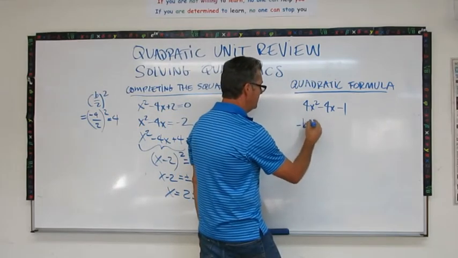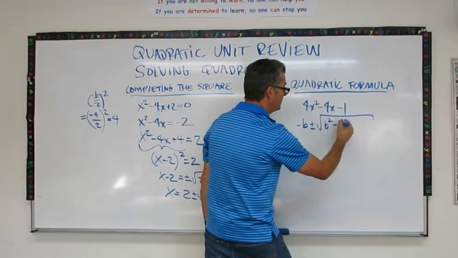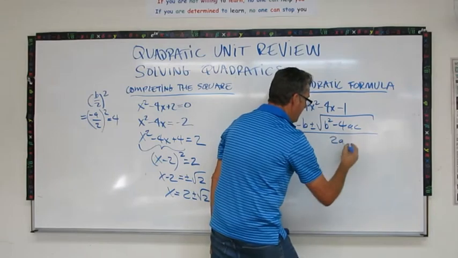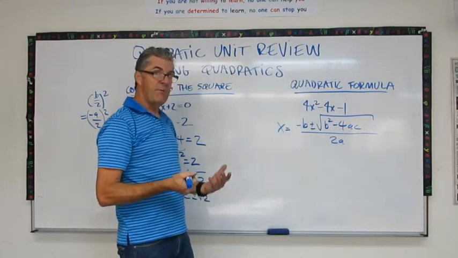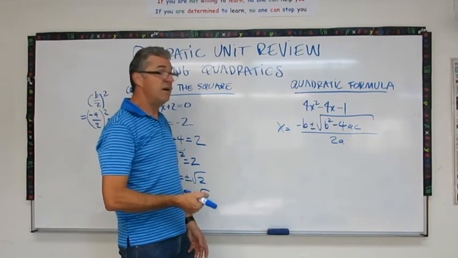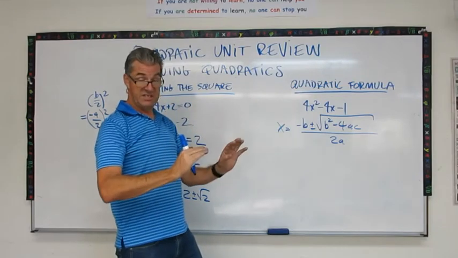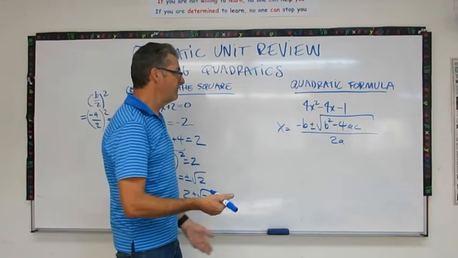That's -b plus or minus the square root of b squared minus 4ac, all over 2a. This is the value of x. So this is a plug-and-chug type problem. If you remember how I lessoned this before, I encourage you to do a complete plug-in step without doing any math, because I can give you good partial credit for that.